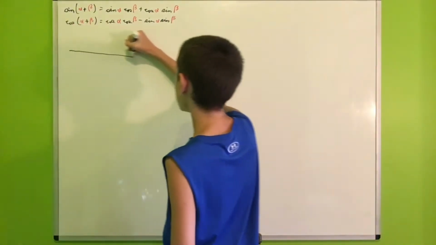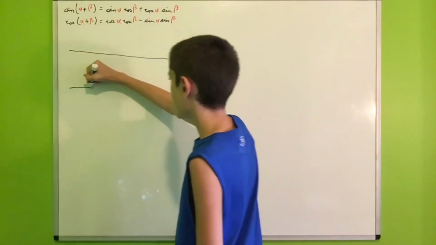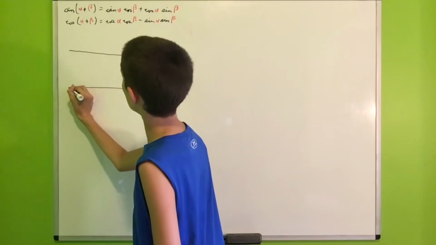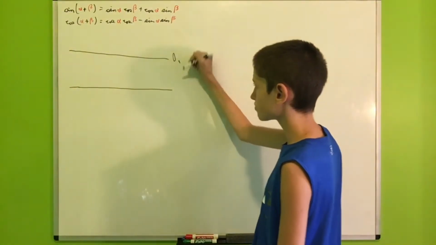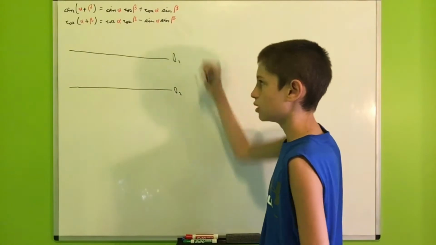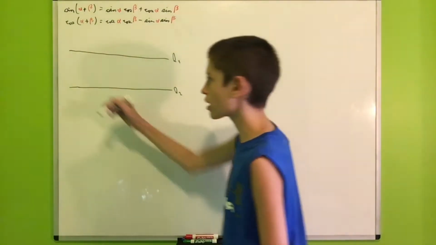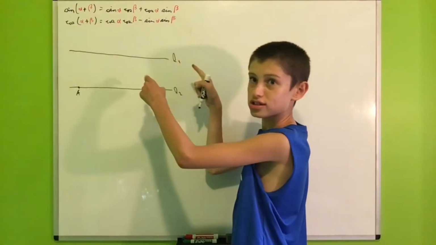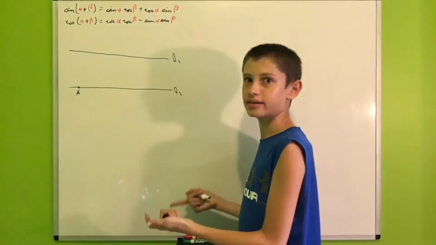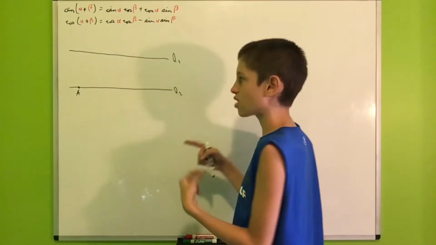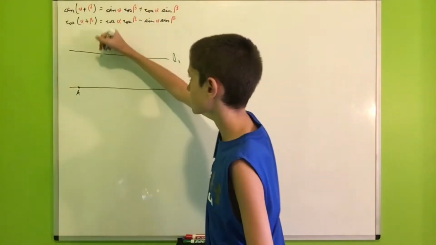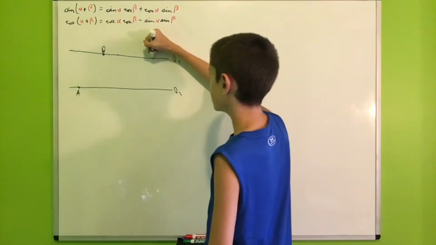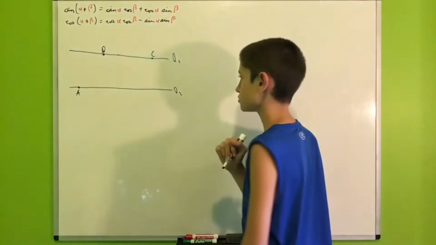So, we'll take a pair of parallel lines like this, which we will call L1 and L2. And now we will choose one point on L2, which we will call A, and 2 points on L1, which we will call B and C, such that they are both on the same side of A. So we let B go here and C go here.